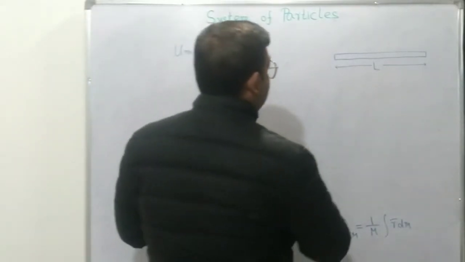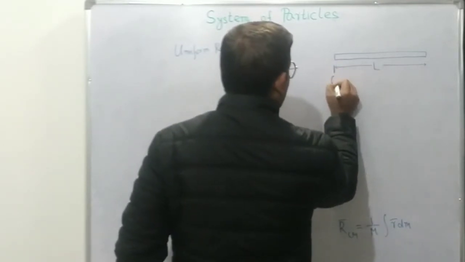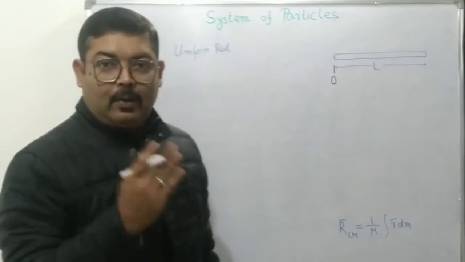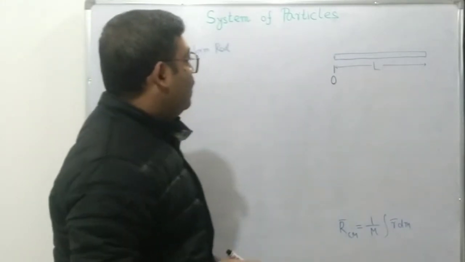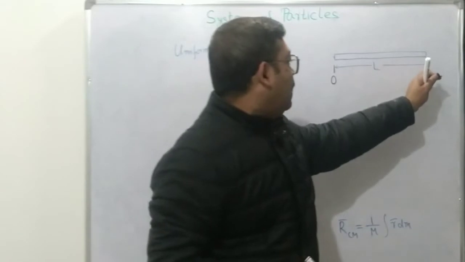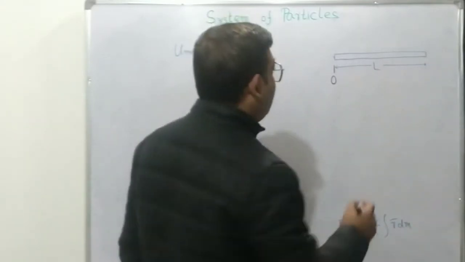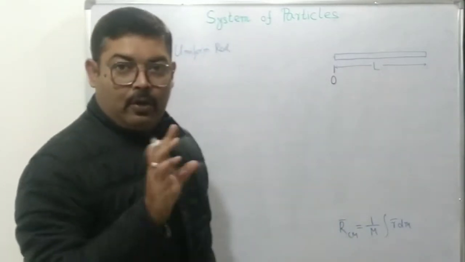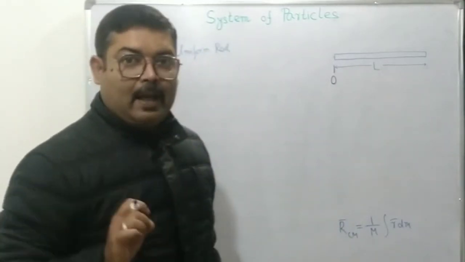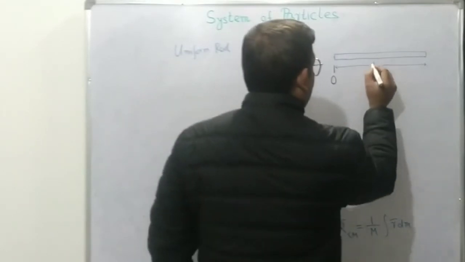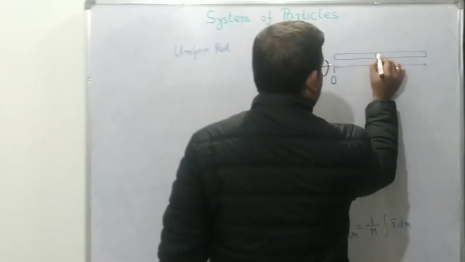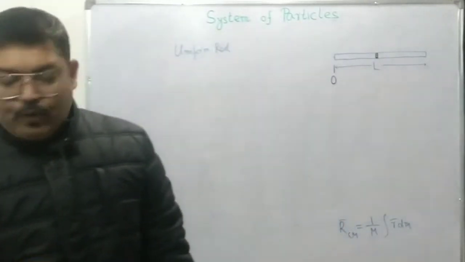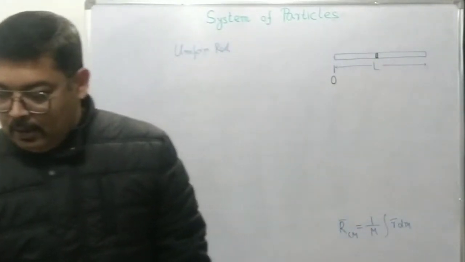So, if we say O, the origin, is here at this particular point, one end of the rod lies at the origin. The other end will lie at the position where the length is L, that is, at a distance of L, or its x coordinate will be L. Now let's say we take a small element somewhere in the rod.